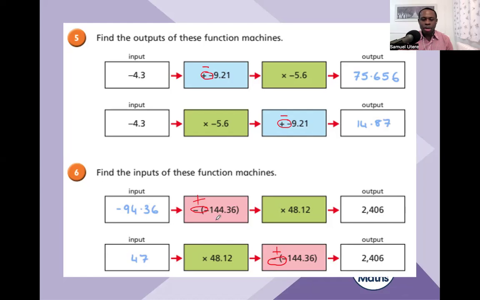Subtract 144.36. You're doing the inverse operation of adding. Here you will do 2,406, subtract that number, divide by that number to get that one. So you're doing the inverse operation.